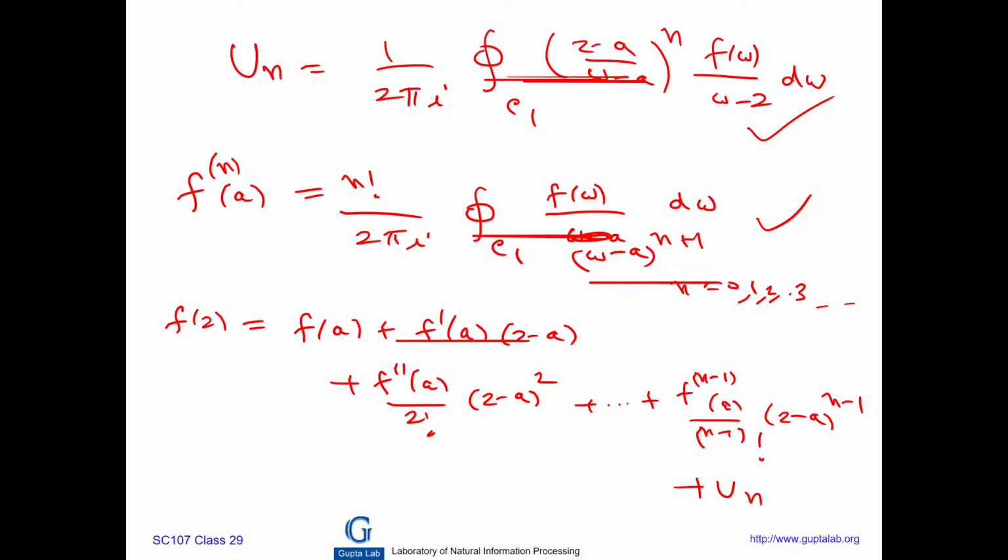So what is left? You can see that using Cauchy integral formula everything is coming in place except we have this un term, right?